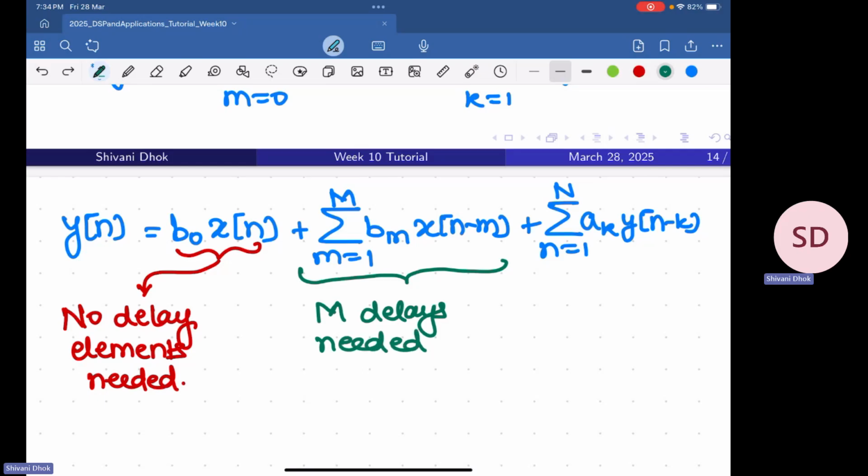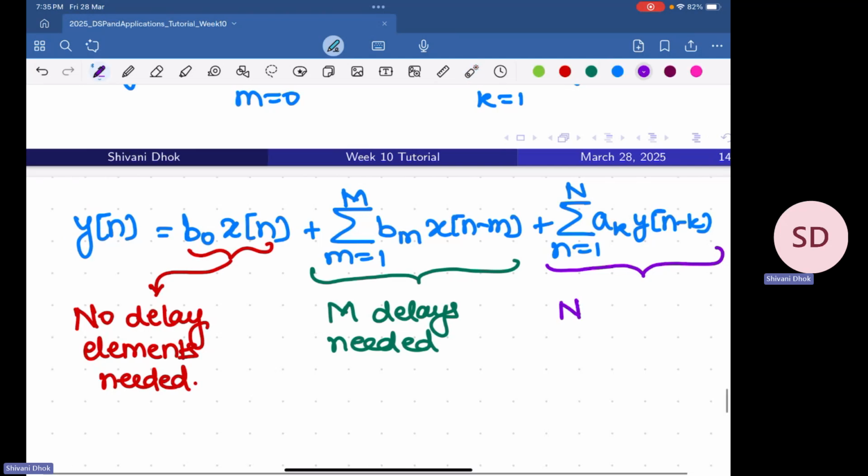Similarly, for this summation running from k equal to 1 to capital N, we get y of n minus 1, y of n minus 2, and so on till y of n minus capital N. So I will have a total of N delays.